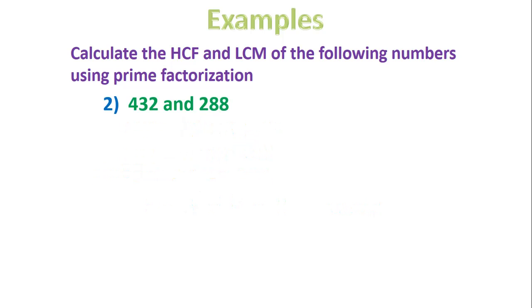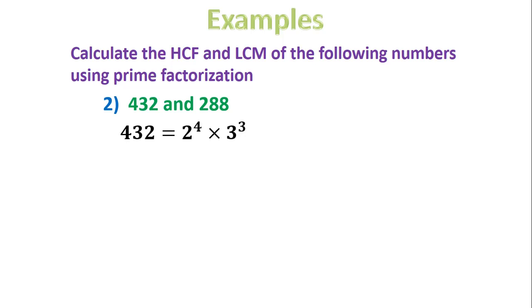Example 2. We have to find the HCF and LCM of 432 and 288. Again, we need to use our calculator to get our prime factors, and then use those to work out our HCF and LCM.